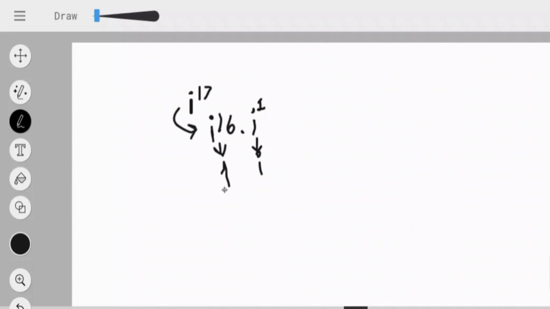So then you get this and this, and then you times this. So then you get 1 times i. It gives you i, and then you figure out what this is, and boom, bam, sparkle, sunshine, rainbows. Wow, you solved it yourself.